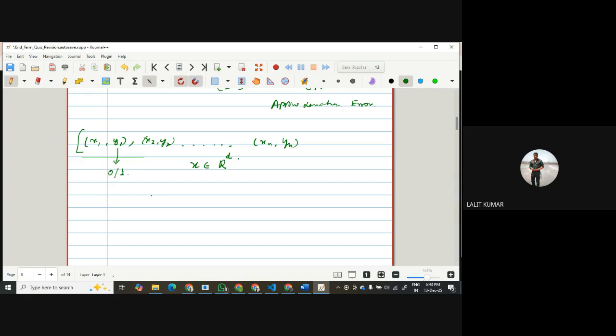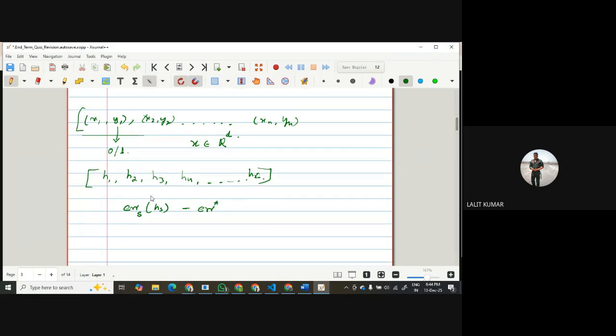And I have a hypothesis class in which I have various models. It can be finite or infinite. These are my models. So we are interested in knowing the bound on the error of the model which I train on the training data set, minus the best model, which can be a Bayesian model.